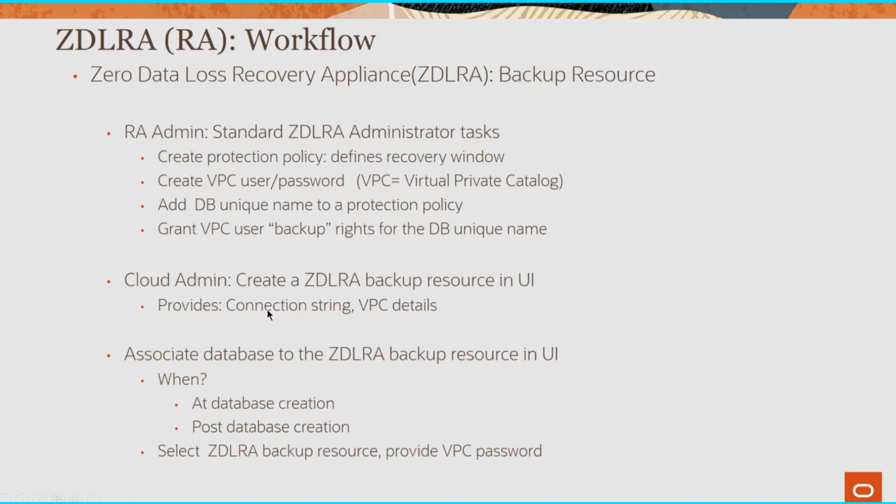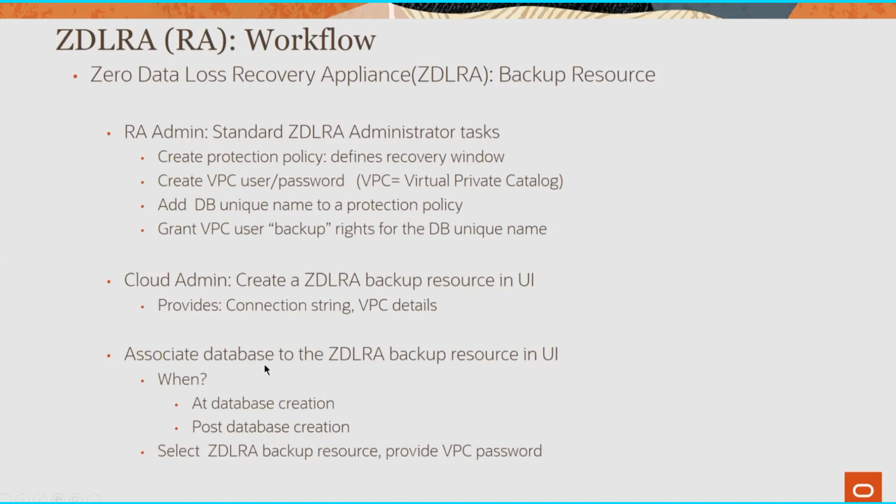So the items that need to be provided by the cloud administrator are the connection string to the RA and the VPC user. At this point, the details are just the VPC user. So that creates a backup destination resource for the RA.